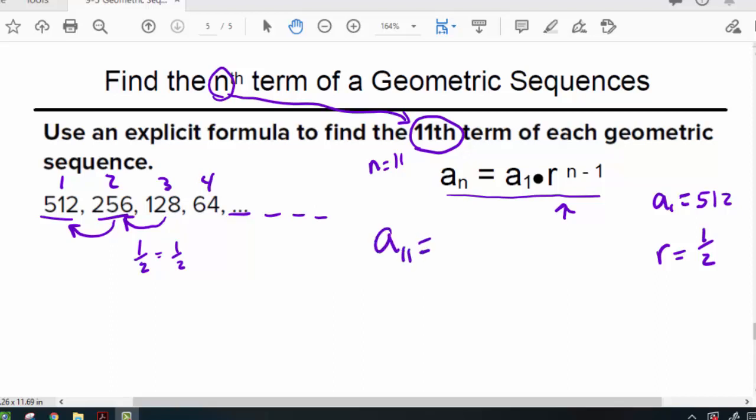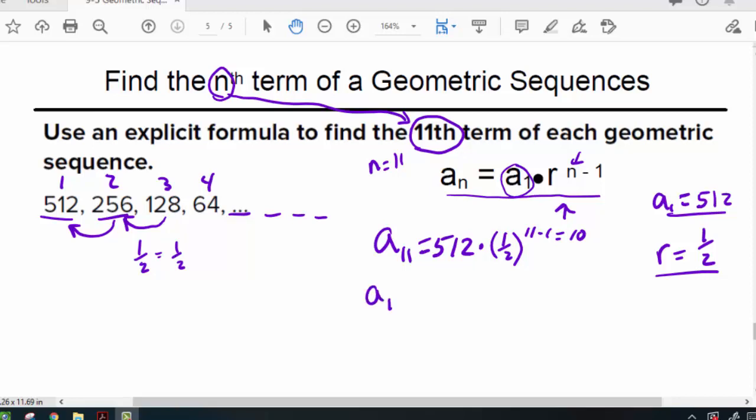So the 11th term is going to equal the first term, which we said was 512, times the r value, 1/2, that's what we get from here, raised to the n minus 1, so it's 11 minus 1, so this exponent's actually just going to be 10.